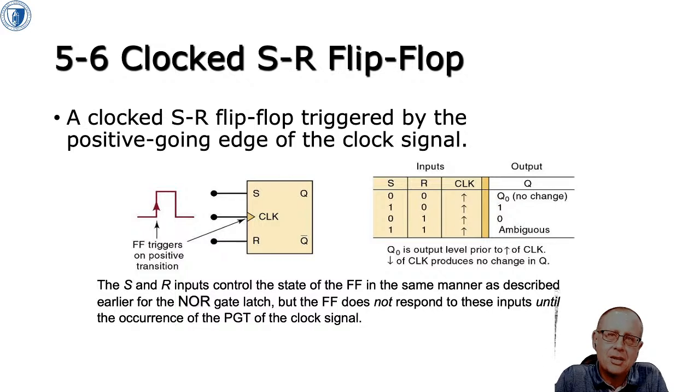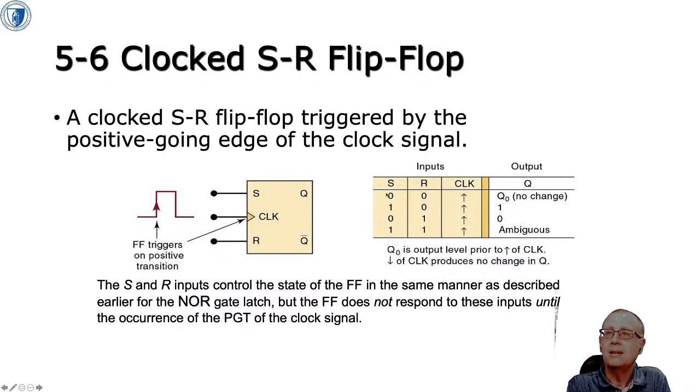And what that means from a clock perspective is that the flip-flop triggers on a positive going transition. So when the clock signal goes from a 0 to a 1, things happen in the flip-flop. And the way you show things happening is in the table on the right hand side over here, right?